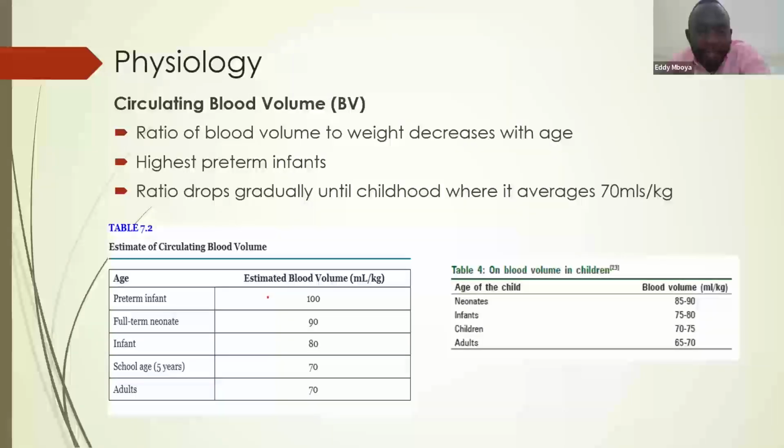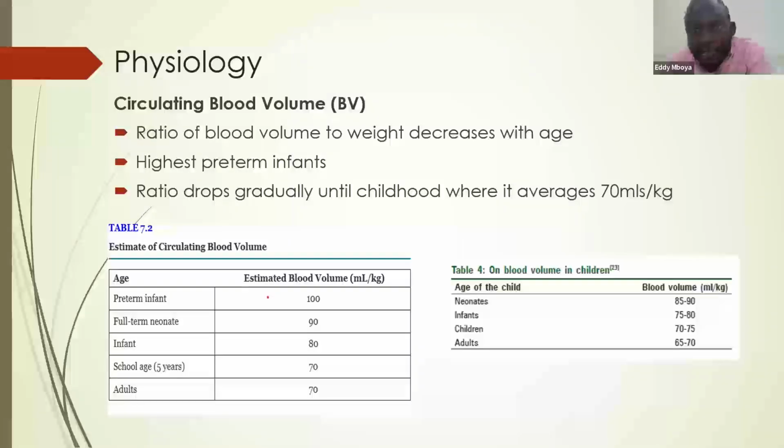In a child who's preterm, probably born before 40 weeks, your estimated blood volume will be around 100 mils per kg. So a child born at around 1.8 kgs has circulating blood of around 180 mils. But with a full-term neonate, this ratio drops, and as the child grows, it gradually drops to around 70 mils per kg, which is similar to what we see in adults.